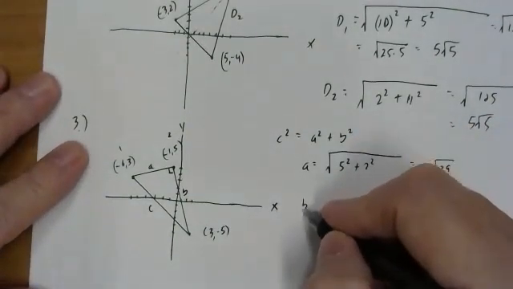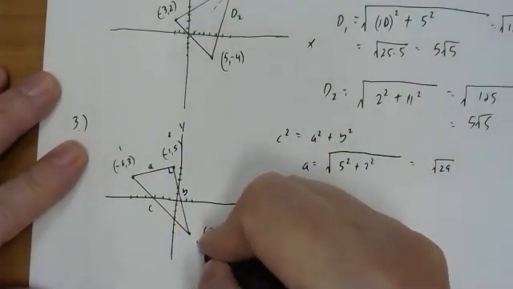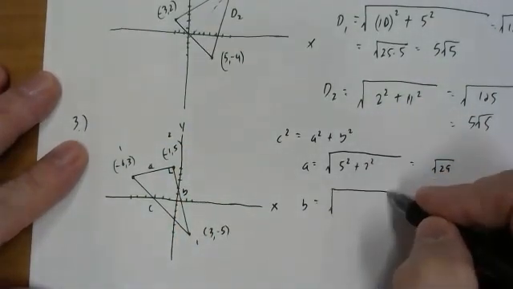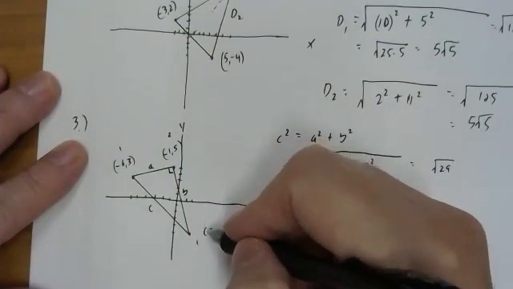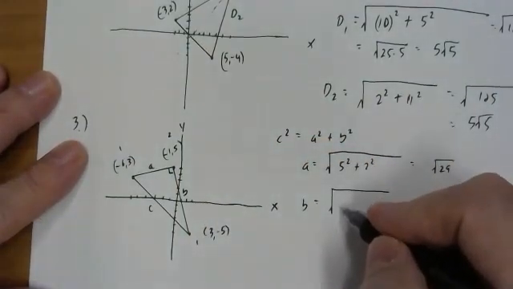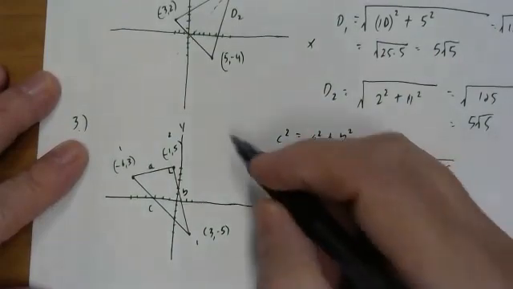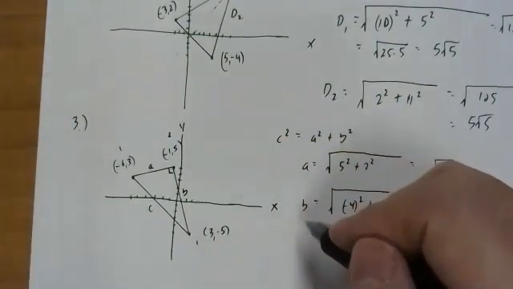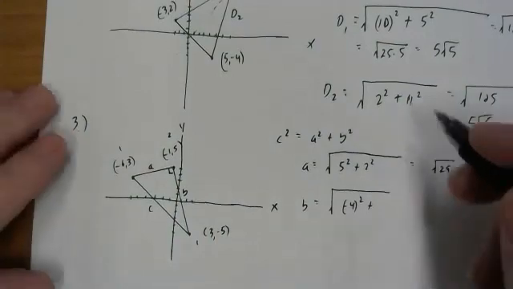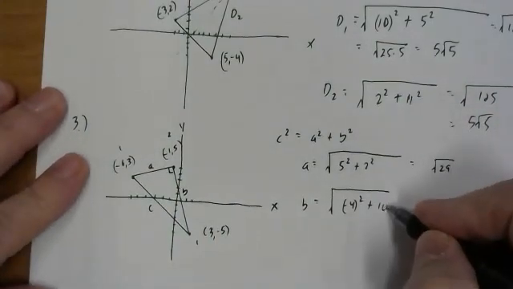Let's go from here to here. So -1 minus 3 is -4 squared. And then 5 minus -5, that's 10.